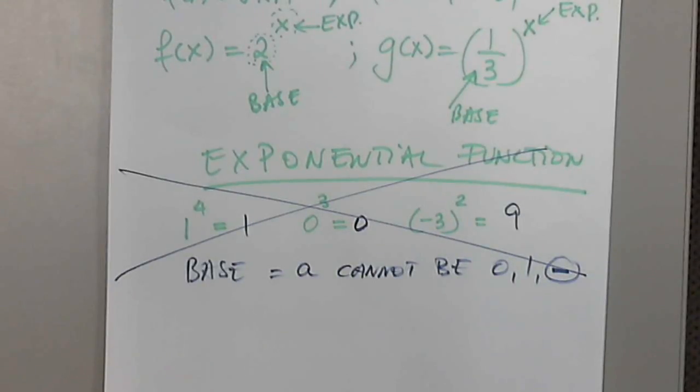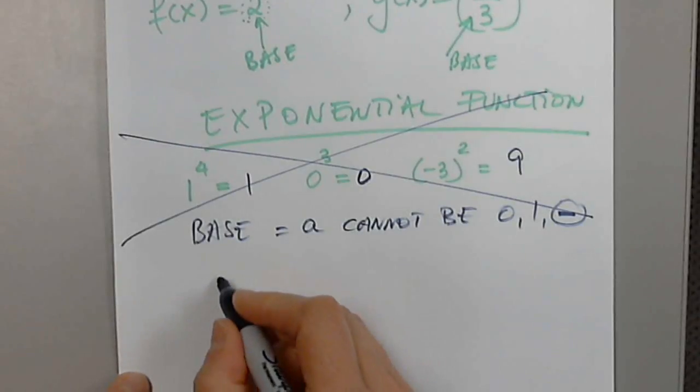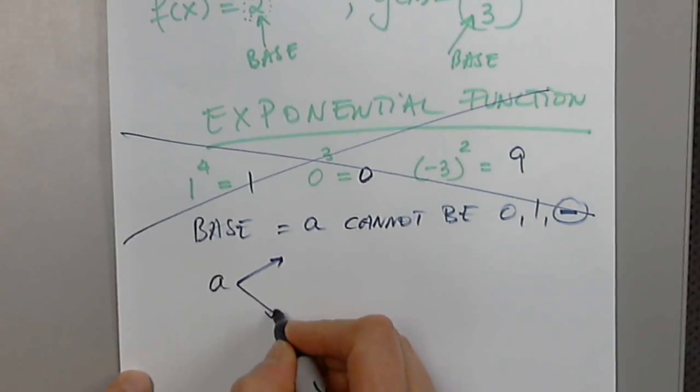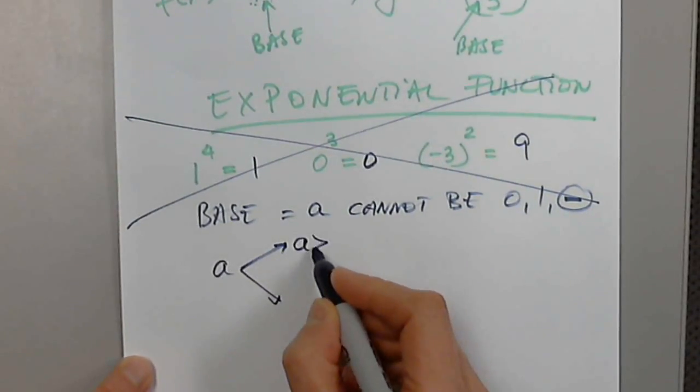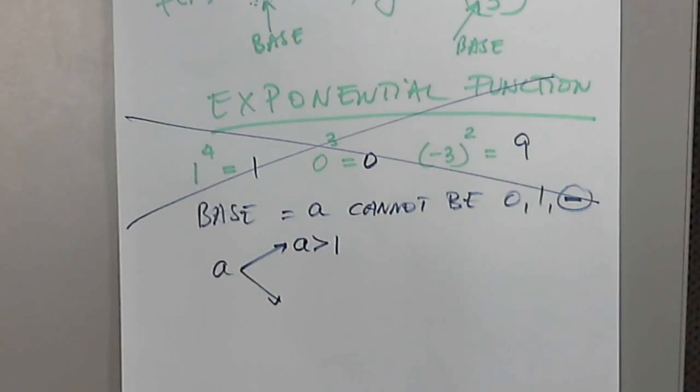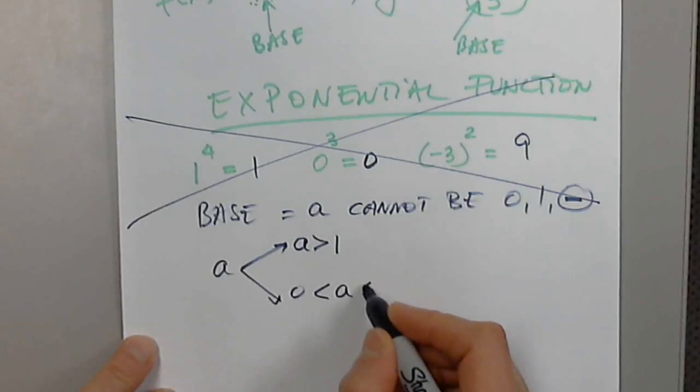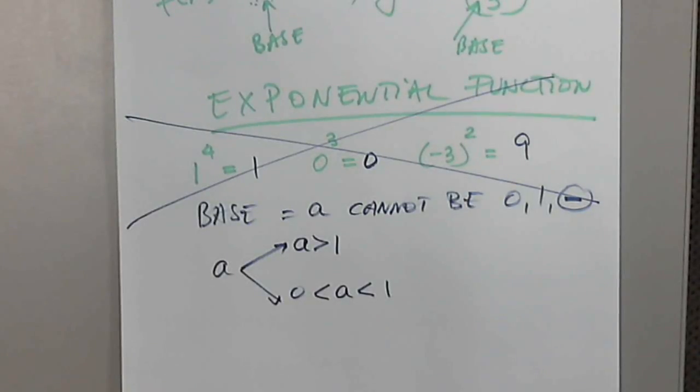So then what can the base be? The base can be two things. First thing, greater than 1, not 1. The second possibility is a tiny positive number between 0 and 1, not 0, and not negative. Like 0.5? Exactly, or 1/2, or 1/3 in my example.